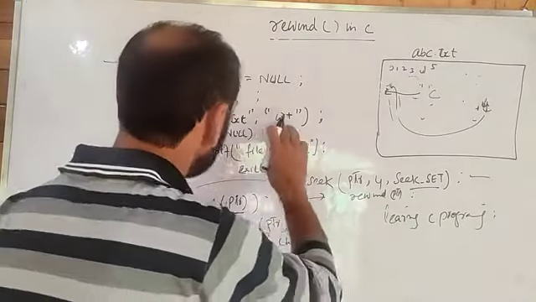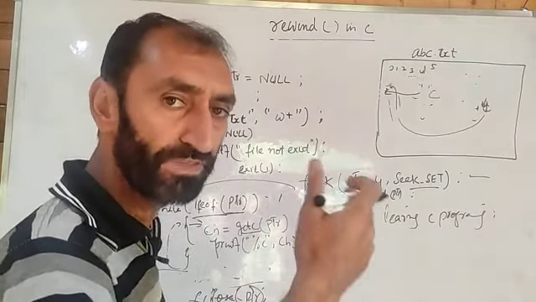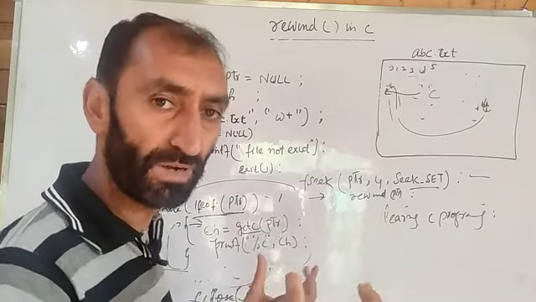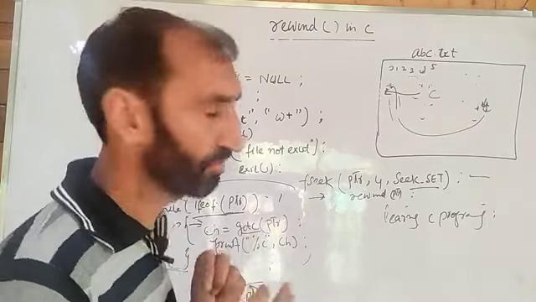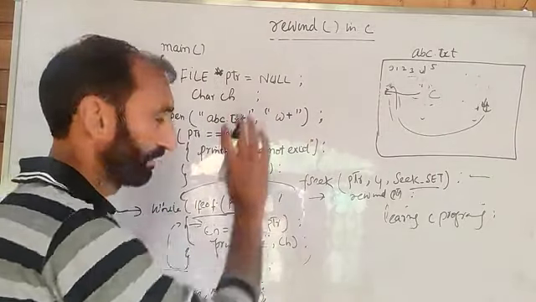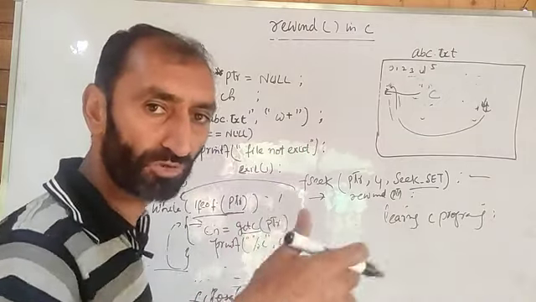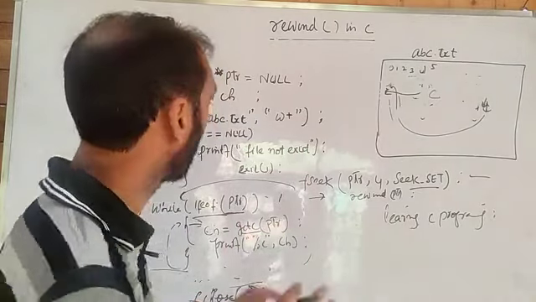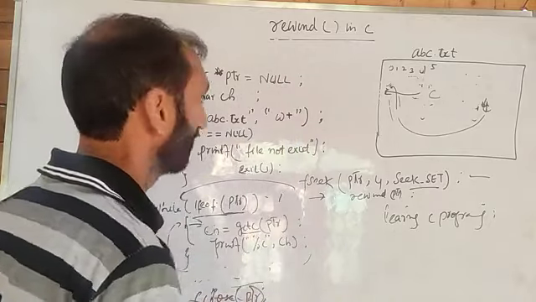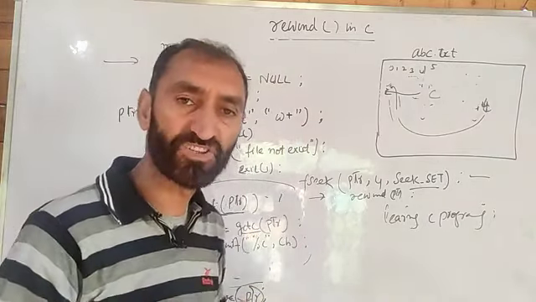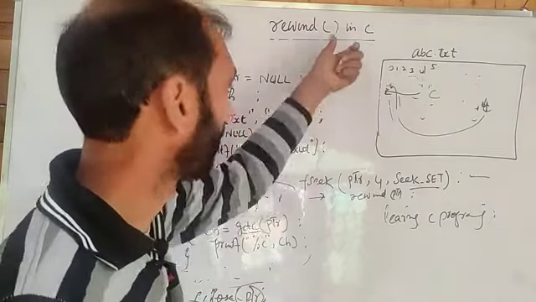So we can open the file in R+, W+, or A+ mode, but the output would be different after execution of the program, because it depends upon the mode in which you open the file. Now I hope you are familiar with all these functions: ftell, rewind, fseek.